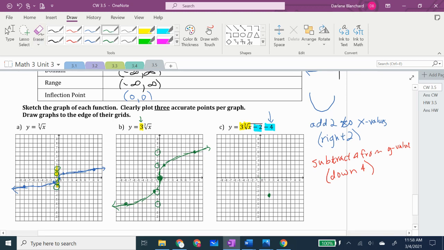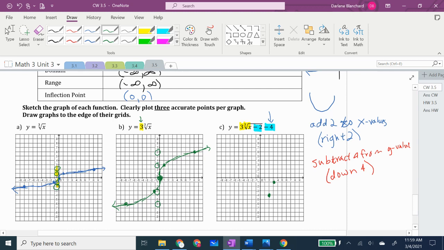Then I'm going to take the point that is located at (1, 3). And I'm going to move it right 2, down 4. I'm going to erase the point that was moved so I don't mix it up.